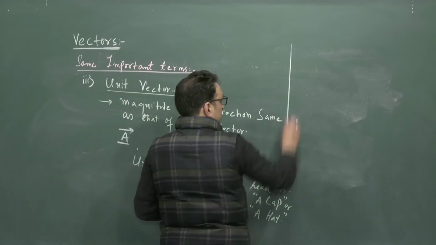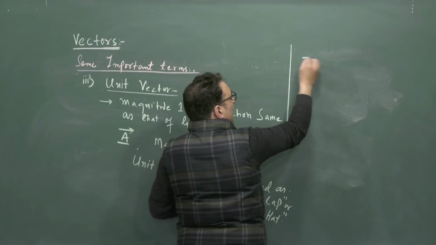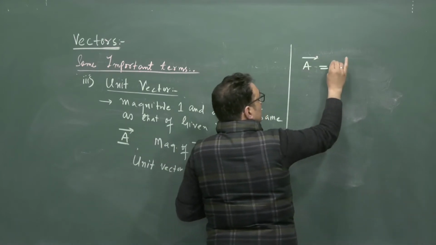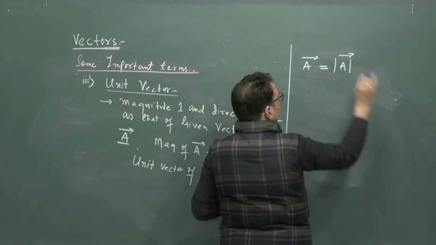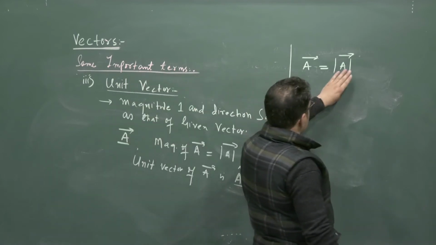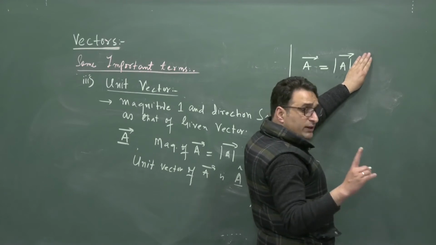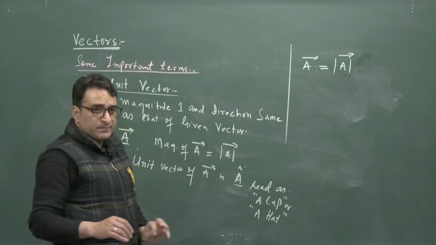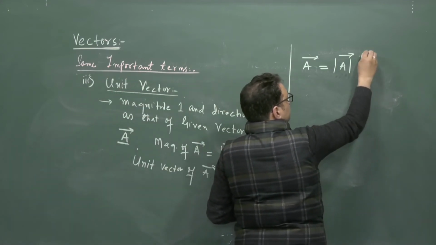Now, we can write vector A equals modulus of A, and we need to associate on this side the vector having magnitude 1 and the direction same as that of the given vector A. Therefore, we need to write here A cap.